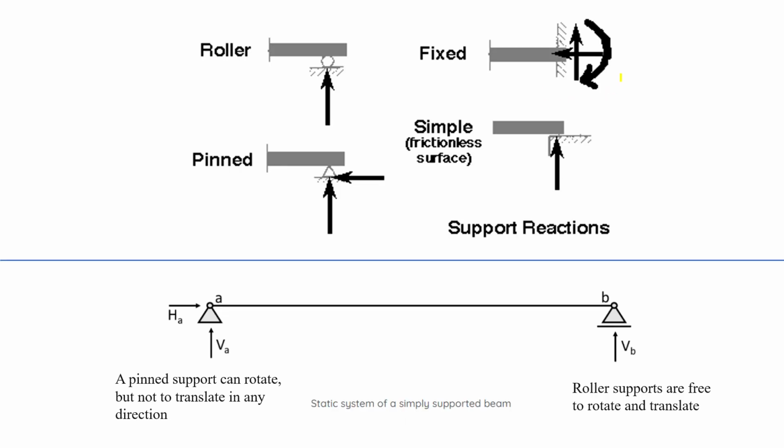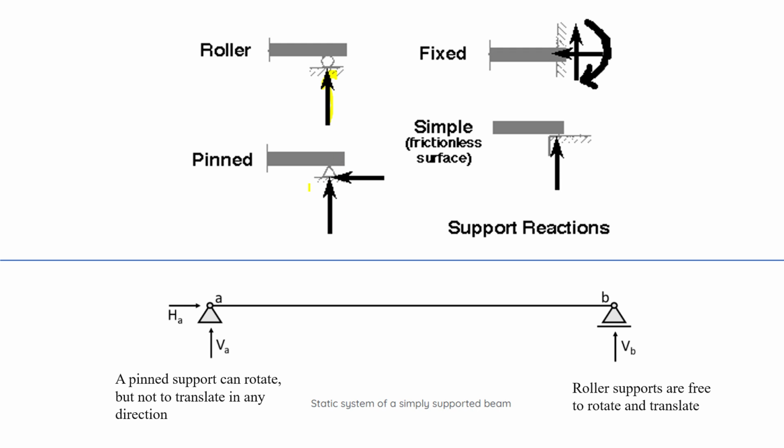And here I just explain different types of beam end points. First one is the fixed. Fixed means there is no translation, there is no rotation. Then roller support. In the roller support, other than the vertical direction, in other directions it can translate, and it can also rotate. Then the pinned one.